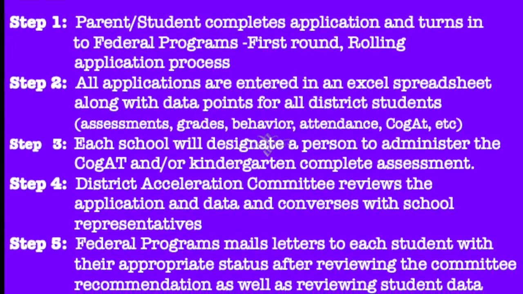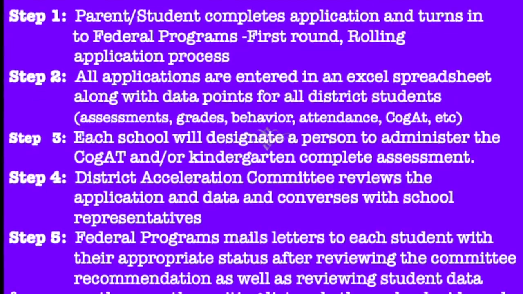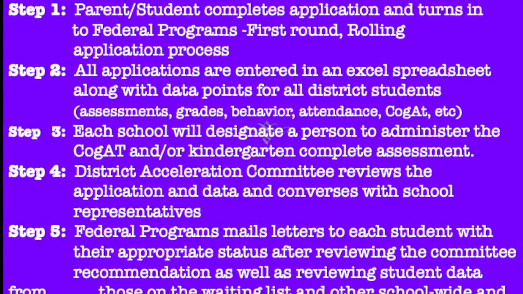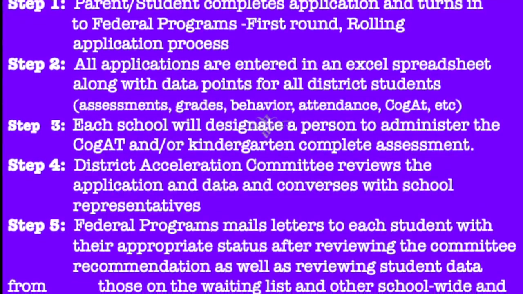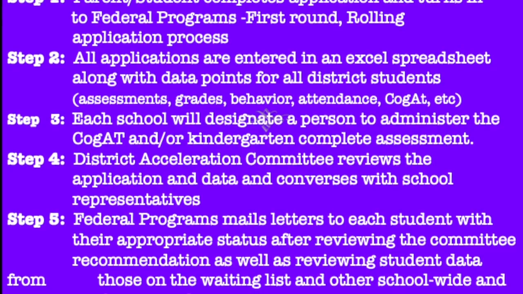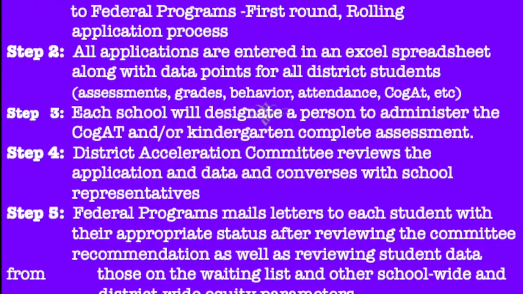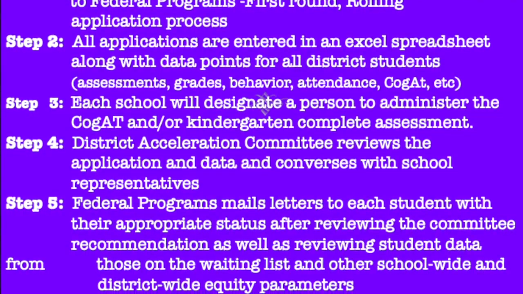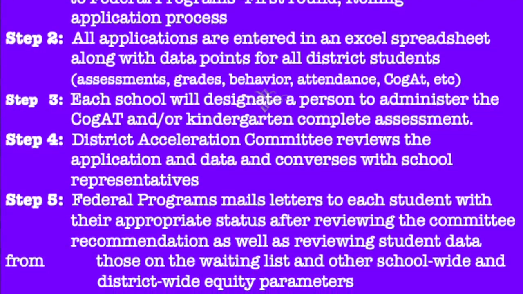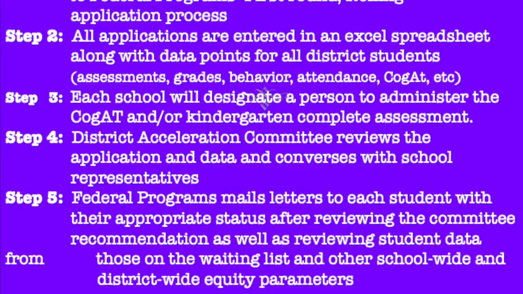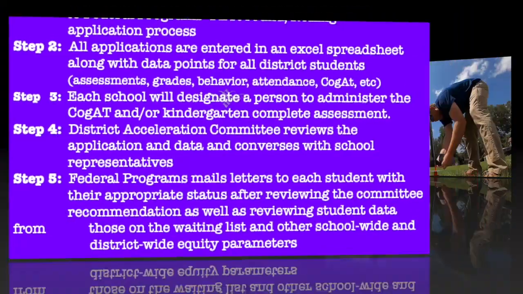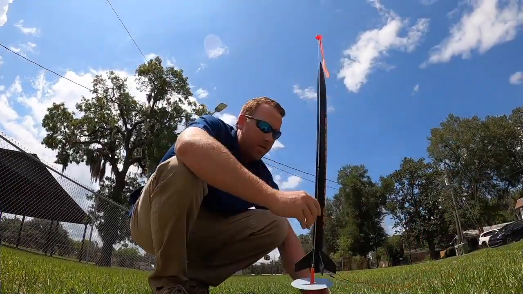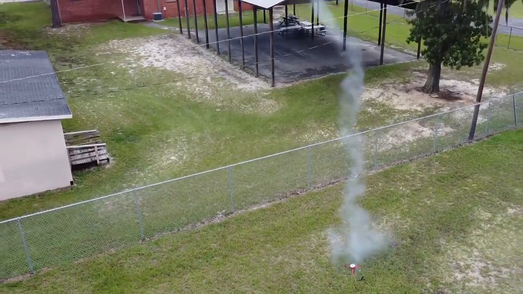Those data points include assessments, grades, behavior, attendance, and COGAT scores. Step 3, the District Acceleration Committee reviews the application and the data and then converses with the school representatives. Step 4, federal programs mails letters to each student with their appropriate status after reviewing the committee recommendation.